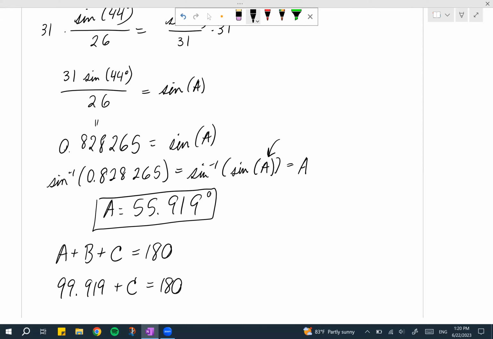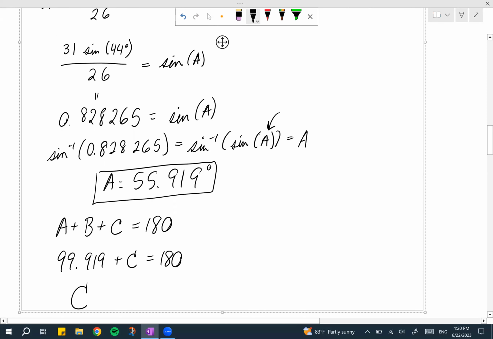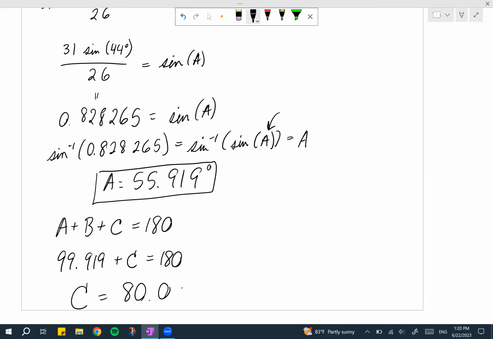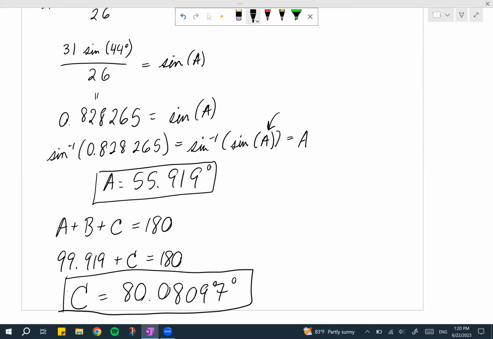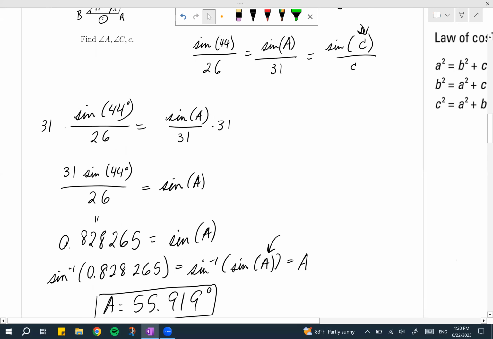And then I can subtract that from 180 to get my big C, which, if you plug this in the calculator, you're going to get big C is equal to 80.08097 degrees.